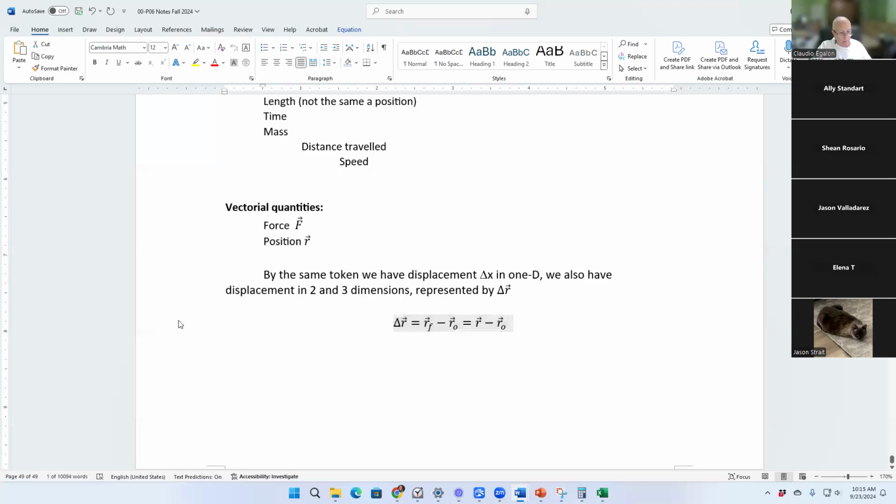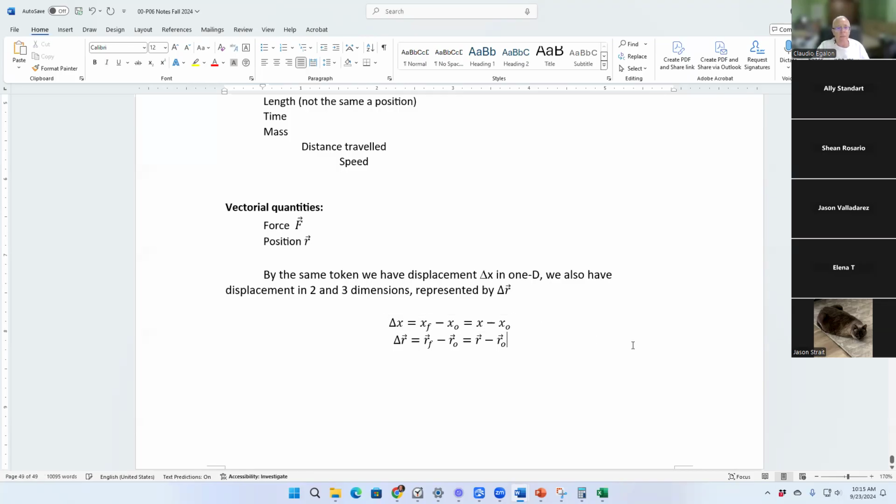In the one-dimensional case, delta x is xf minus x naught, and for the sake of simplicity we drop the f subscript.